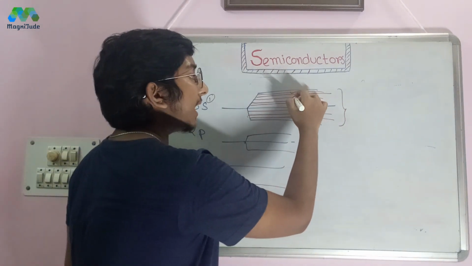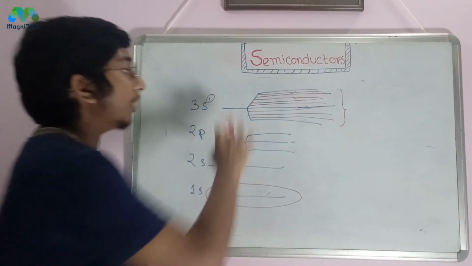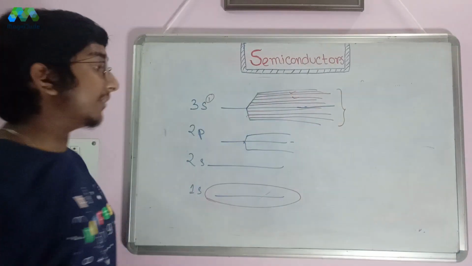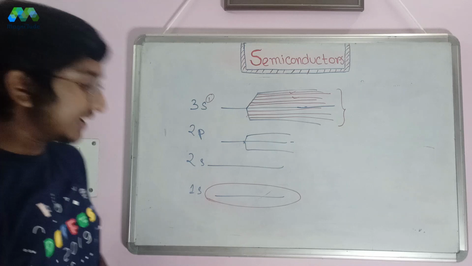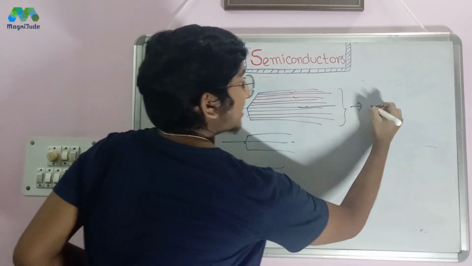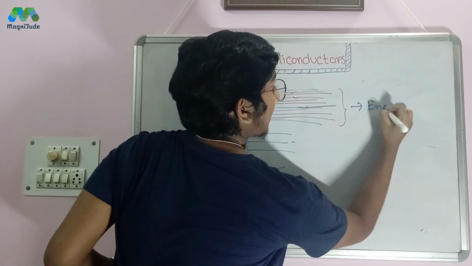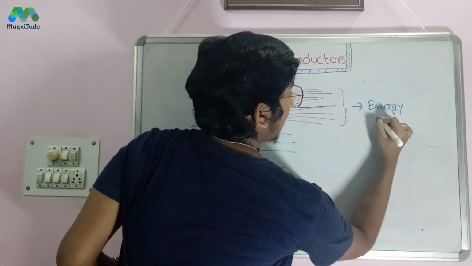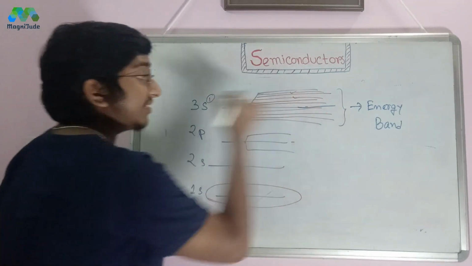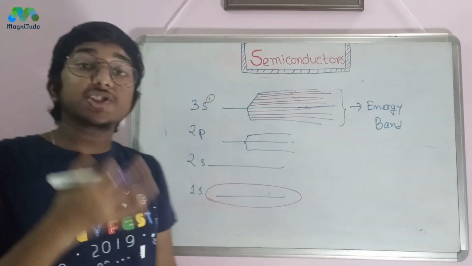This single part is an energy level, but when this whole thing becomes a bunch of energy levels, we call this part an energy band. Each single discrete line is known as an energy level.